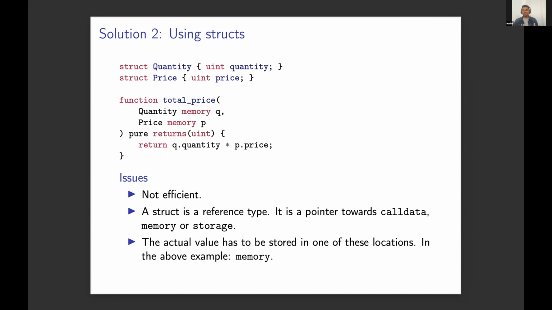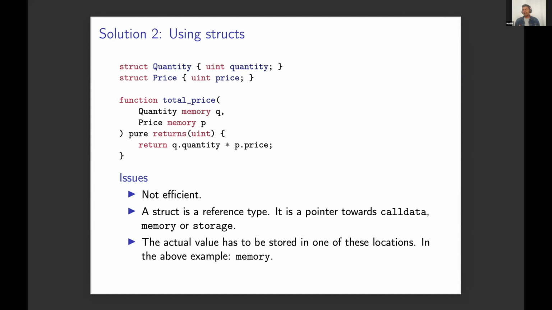But now this has some other problems. Structs are a wonderful abstraction, but it comes with a cost. I will actually explain the cost in detail in a bit, but let's just say that it's not as efficient as the first example. So note that a struct is a reference type.